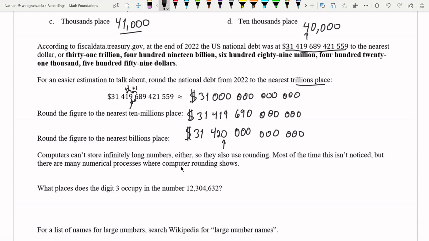However, there are some cases, typically these things called recursive cases, where it repeats an operation over and over again many times. And actually where the rounding happens will show in those cases. So you just have to keep that in mind. There are some cases where the rounding the computers make ends up giving you an incorrect answer because the error in the rounding shows up.